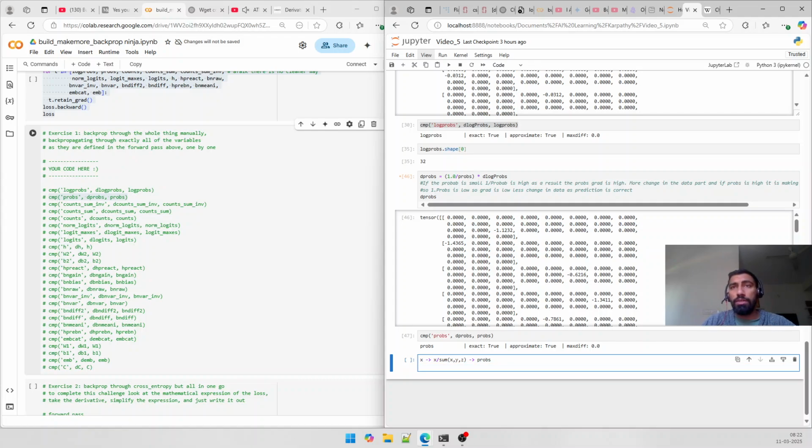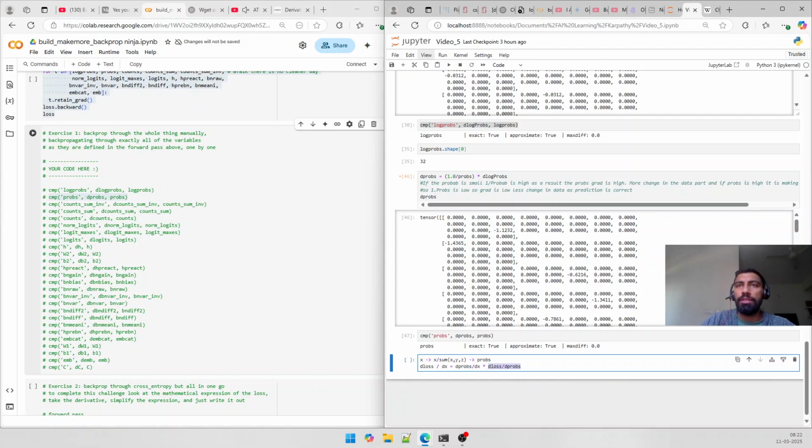Now we need to calculate how the loss is impacted by d of x. Again, applying the chain rule, d of probs by d of x into d loss divided by d probs. This is what we calculated just now on the top.